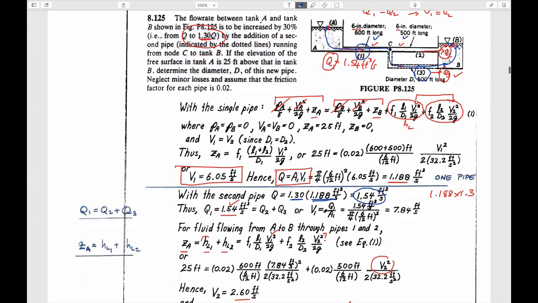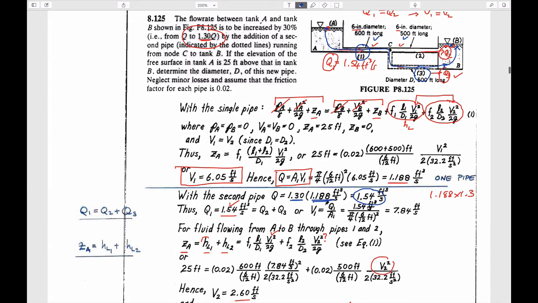Once we know what that flow is, we can calculate the flow through the top circuit, because now we can write Bernoulli again between A and B. We know that the flow rate, the velocity through the first part, is now 1.3 times what it was before, and so the only thing we want to calculate is the new velocity V2. So once we've calculated the velocity V2, then we know what the flow rate is through here, which is Q2.